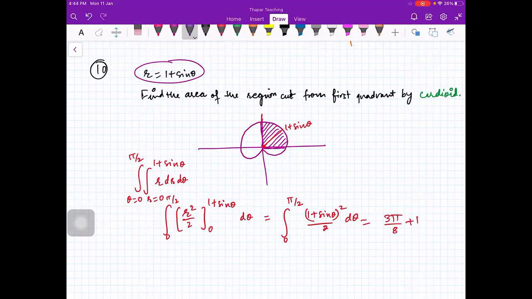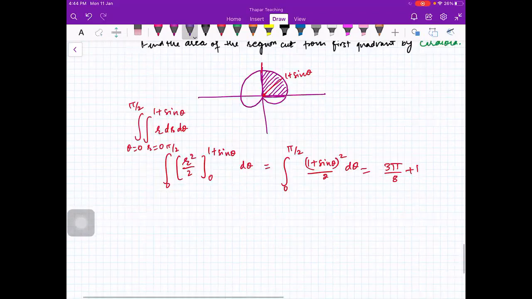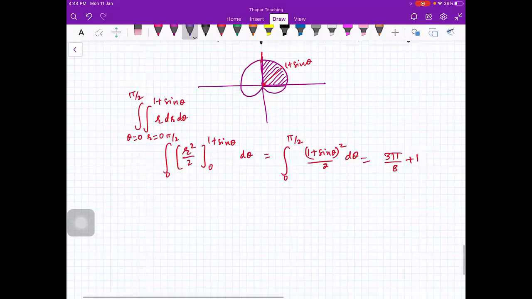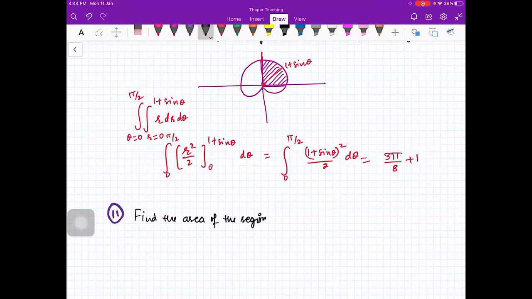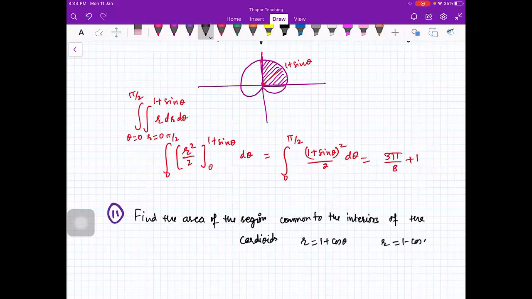So the last question from this tutorial sheet is, find the area of the region common to the interiors of the cardioids R is equal to 1 plus cos theta and R is equal to 1 minus cos theta.